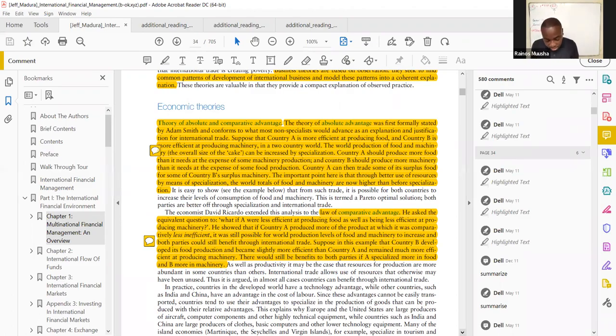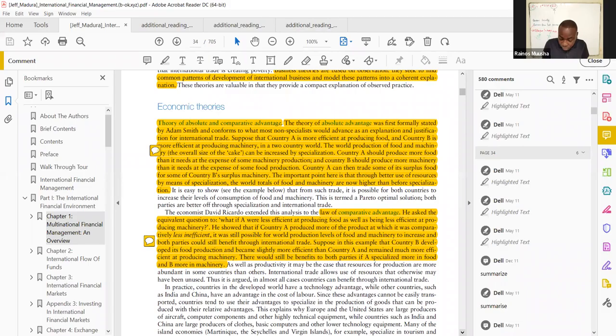He asked the question: what if A was less efficient at producing food, as well as being less efficient at producing machinery? He showed that if A produced more of the product at which it was comparatively less inefficient, it was still possible for a world production level of food and machinery to be increased, and both parties could still benefit through international trade.